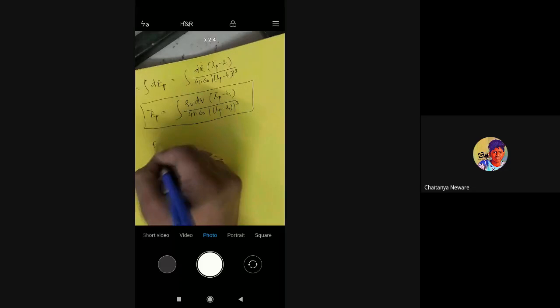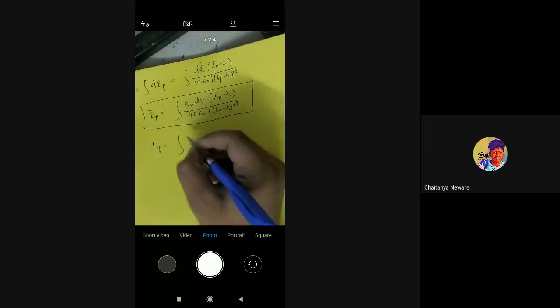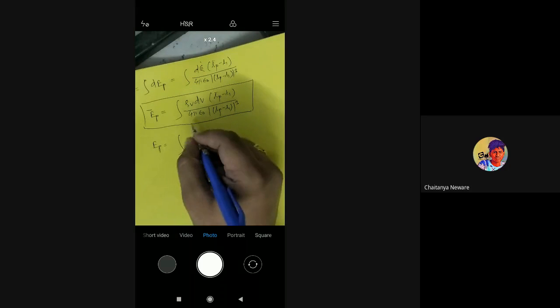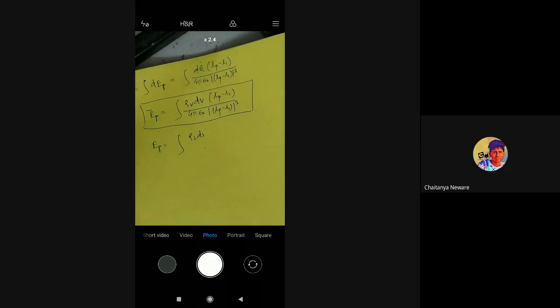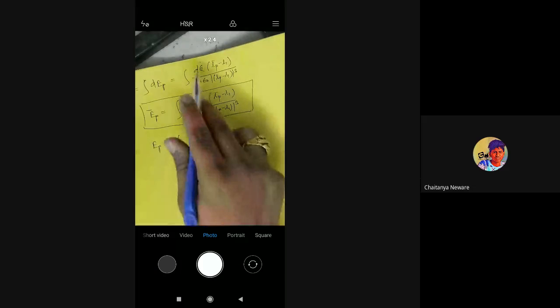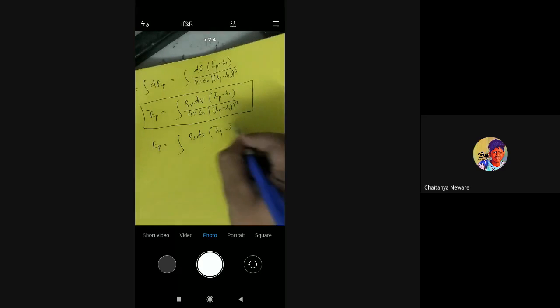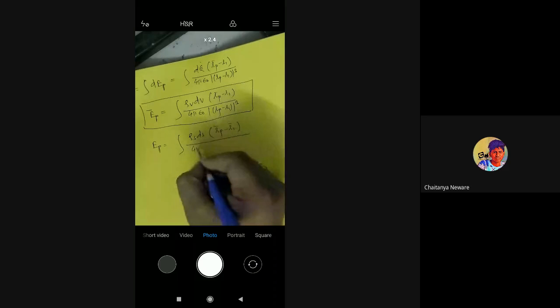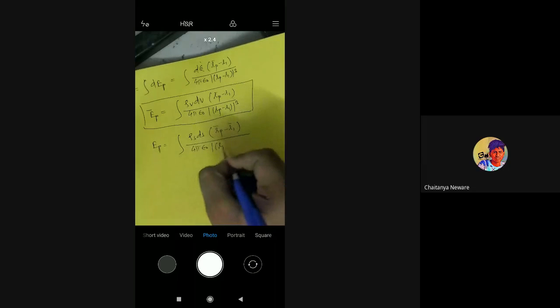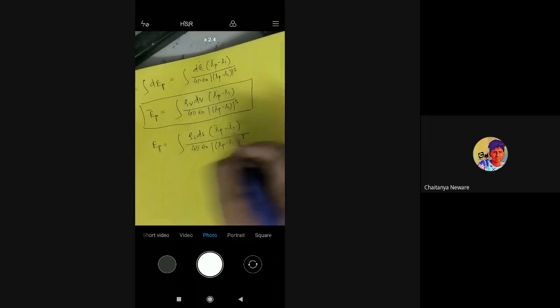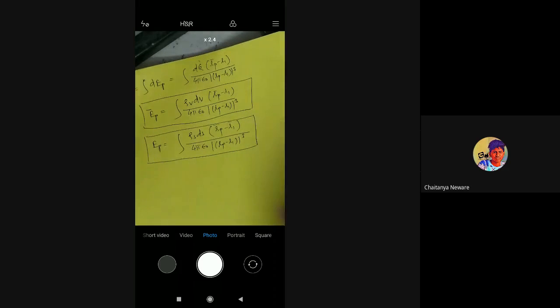Now the electric field intensity due to surface charge density. For surface charge density, dq is rho s ds. So rp minus r1 dash upon 4 pi epsilon 0 times the magnitude of rp minus r1 cubed. Okay. So this is the electric field intensity due to surface charge density.